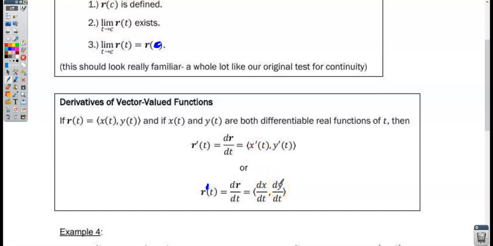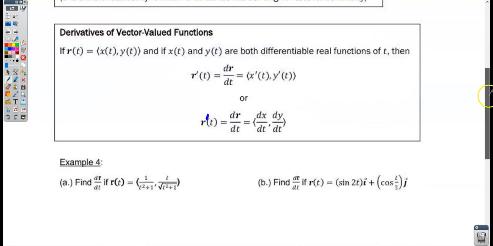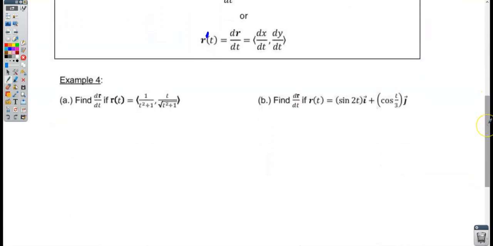So in order to find the derivative of a vector valued function, all we're going to do is take the derivatives of the components.